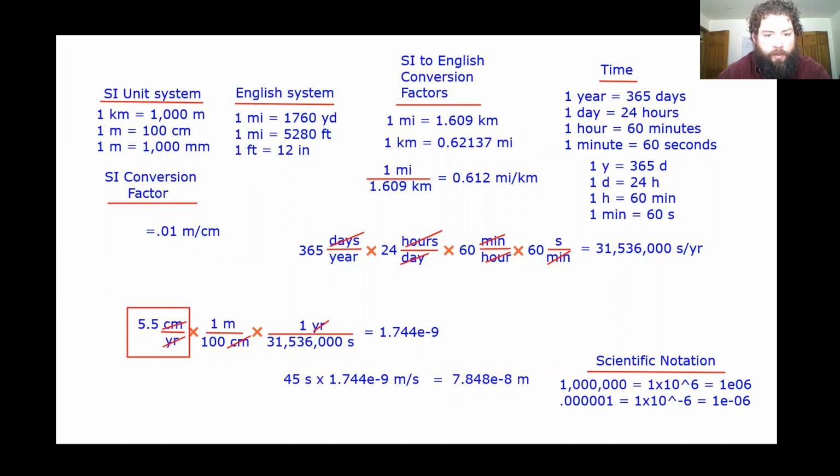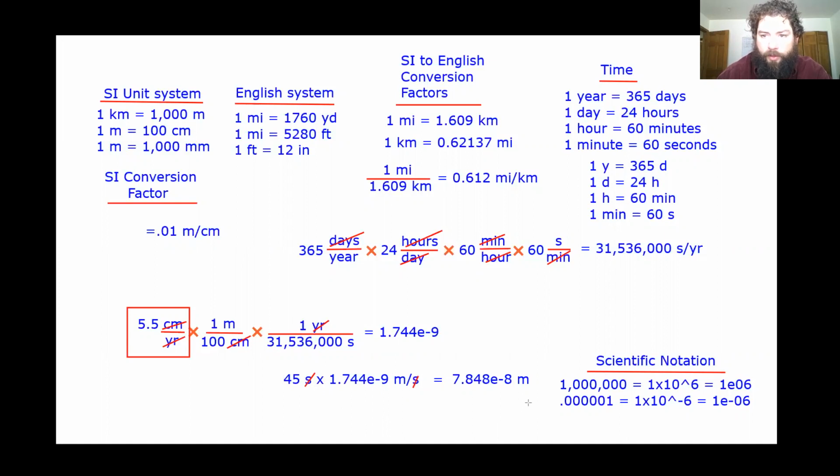That's going to be our answer to the first one. And we can cross these out real quick. So there's seconds, and this is divided by seconds, so I'll cross those out. That's how we get that number of meters.